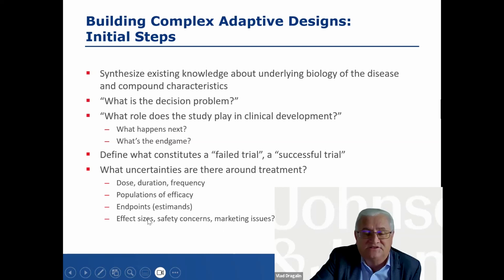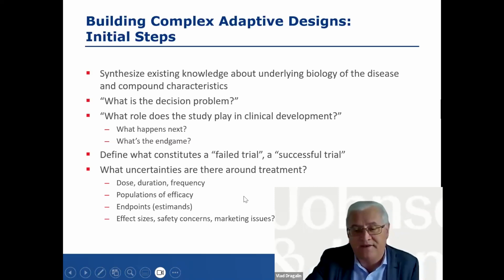And what is the effect size, safety concern, marketing issues, and so on? You can see that there are a lot of parameters, if you want to call them parameters, that should be taken into consideration when we are planning a clinical trial and setting up a simulation framework in order to evaluate these different options.